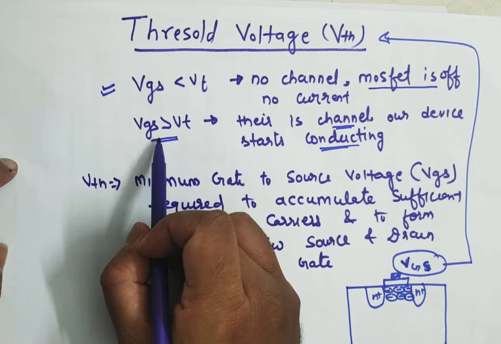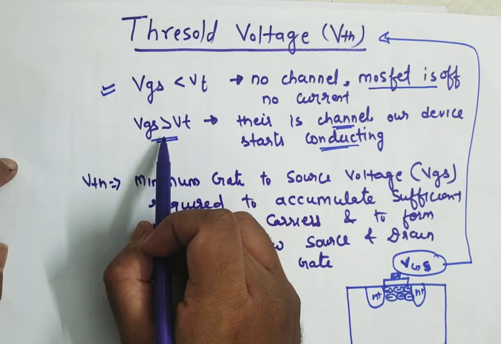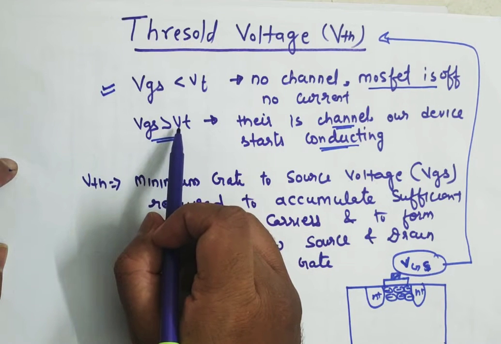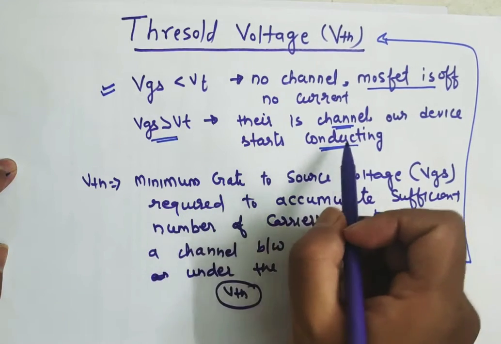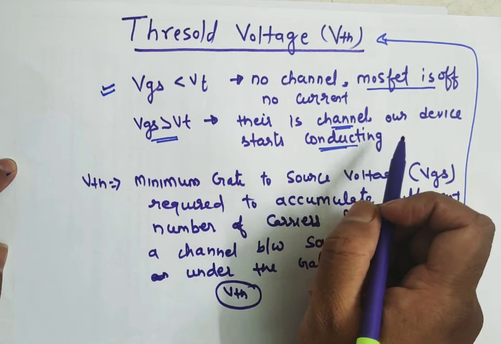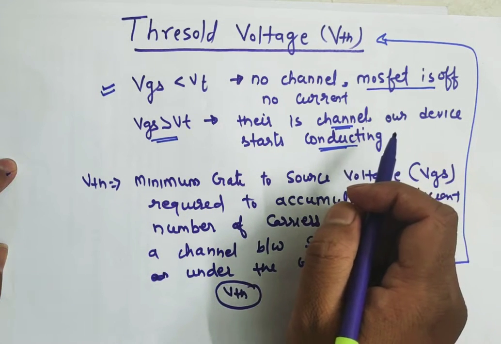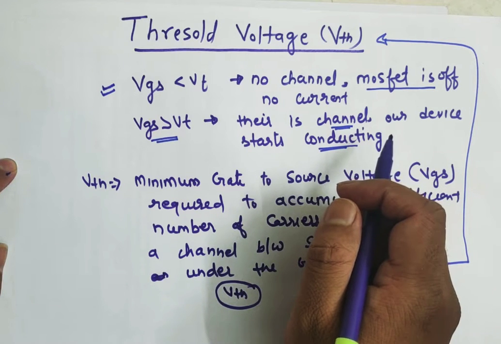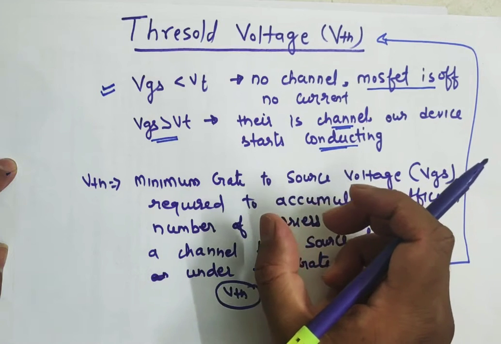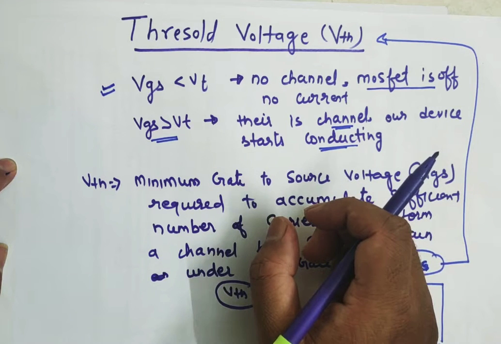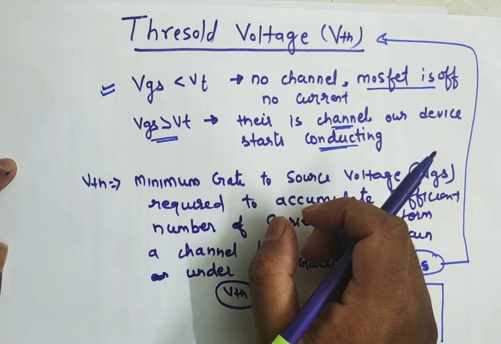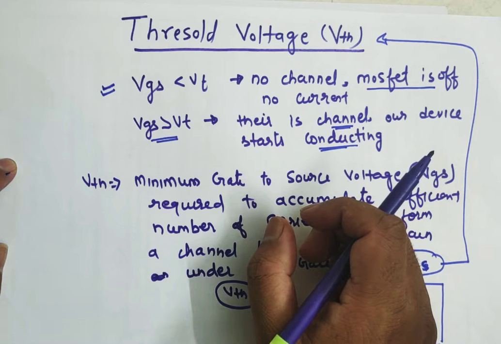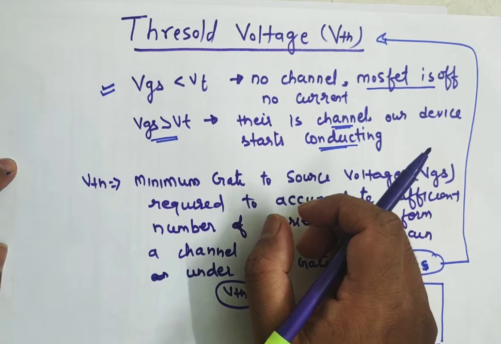And once you increase the voltage to greater than VT, there is a channel between drain and source and your MOSFET starts conducting, correct? So we have to apply minimum gate voltage at the gate terminal so that it will form a channel between the drain and source, correct? So that will invert a channel and your current will start to flow.